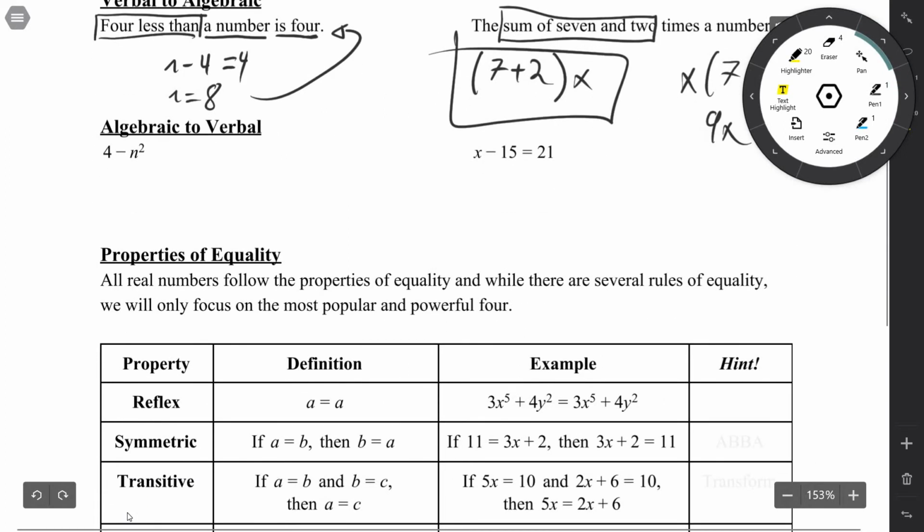The next section would be algebraic to verbal. There's lots of different ways that you could define this phrase using language. I like to attack it in a somewhat specific way. I actually work from right to left, and you'll see why in just a moment. So n squared minus 4: a number squared. That's defining this piece right here.